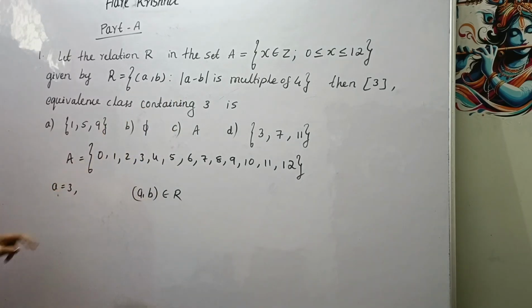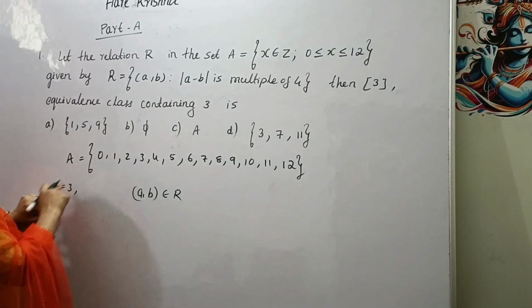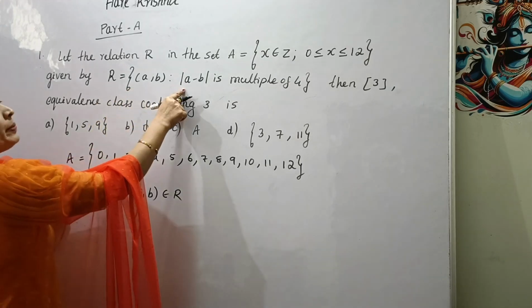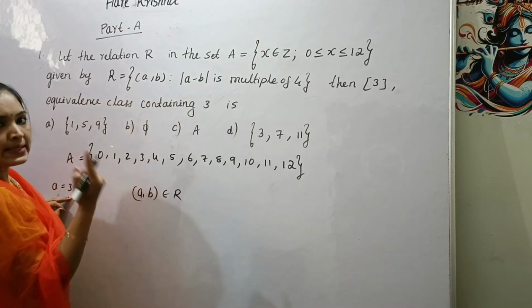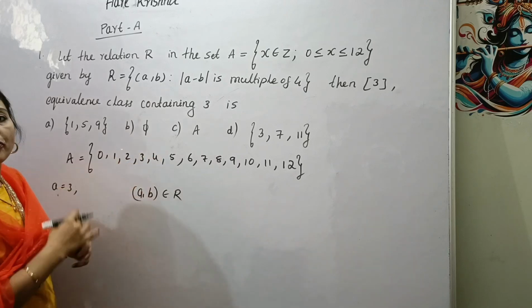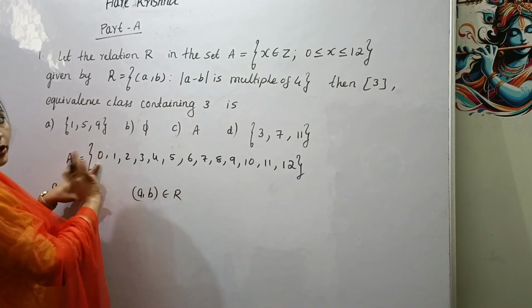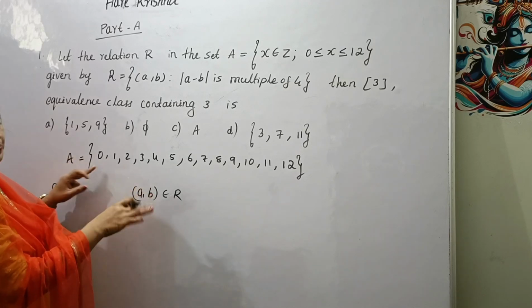Now let's check. If a is equal to 3, then b equal to 0: 3 minus 0 is 3. 3 is not a multiple of 4, so 0 is not possible.